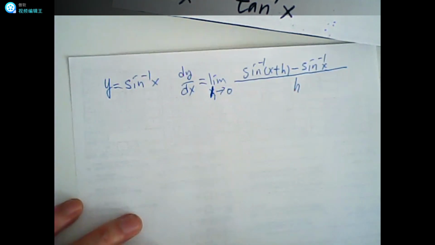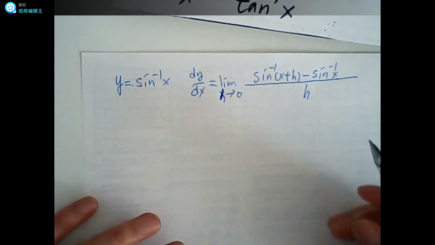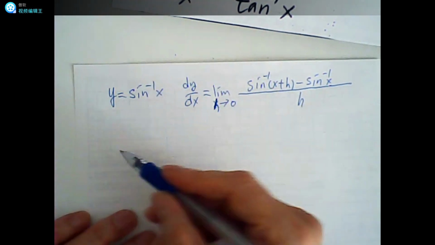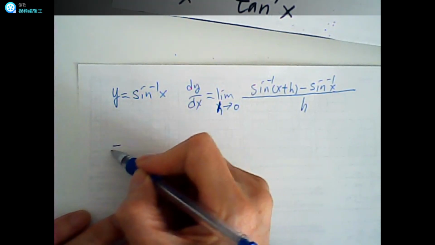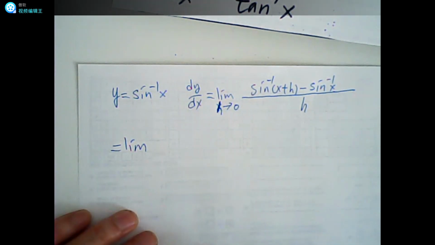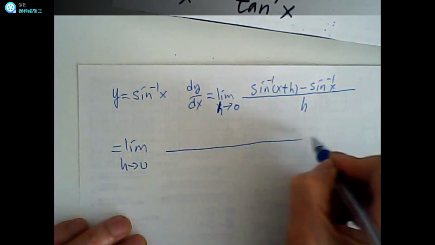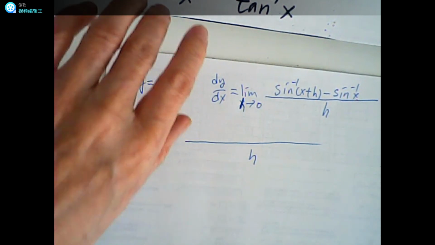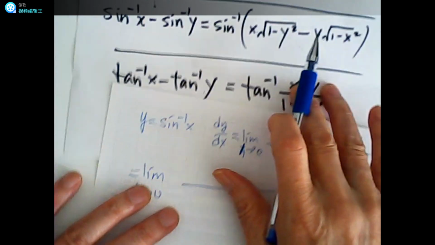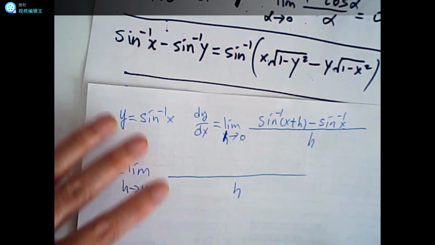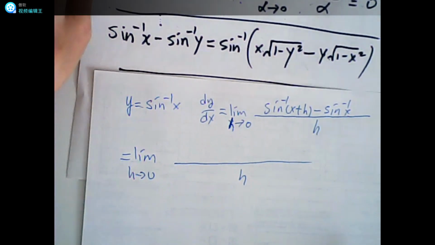Well, I have to be very careful, and yes, any little careless thing could result in a big error. So this is equal to the limit as h goes to 0 of, over h. Now we need an arcsine formula. Well, we must know something to prove something else, right?